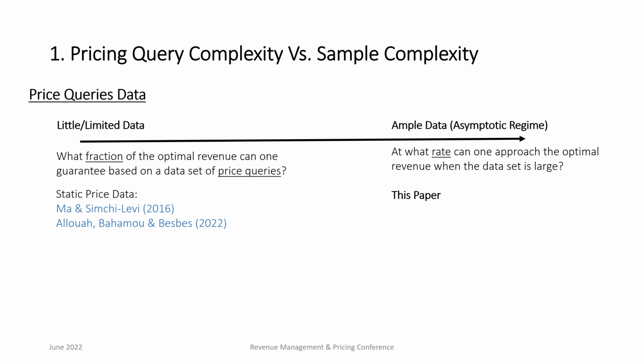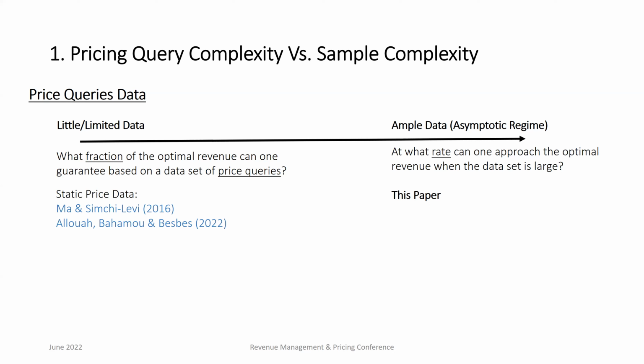The papers here on the left-hand side consider limited data and ask what fraction of the optimal revenue can be recovered. The first paper, Simchi-Levi, asks more about constructing the demand function, which is clearly a related question. The second paper, Allouah, Bahamou, and Besbes, is a very relevant paper that considers data that is generated from a static price that does not change.